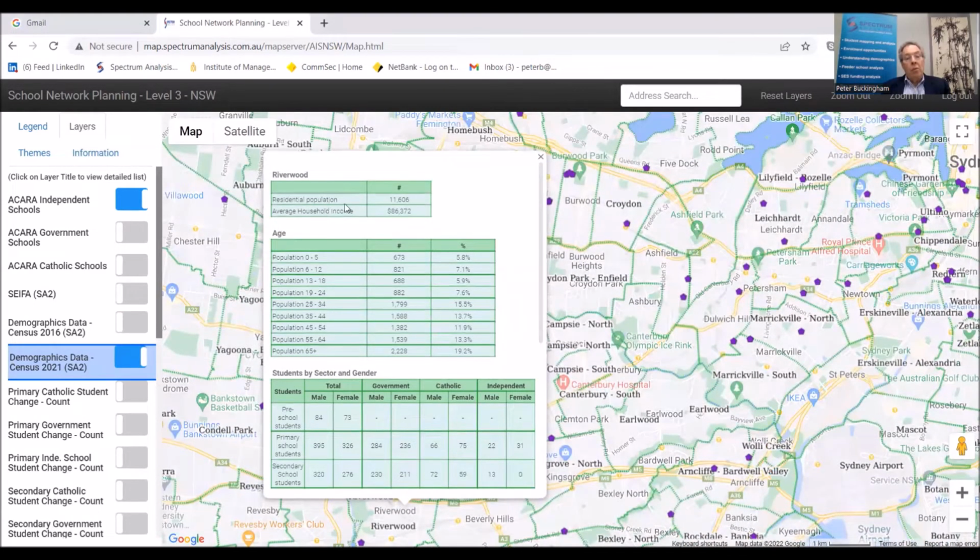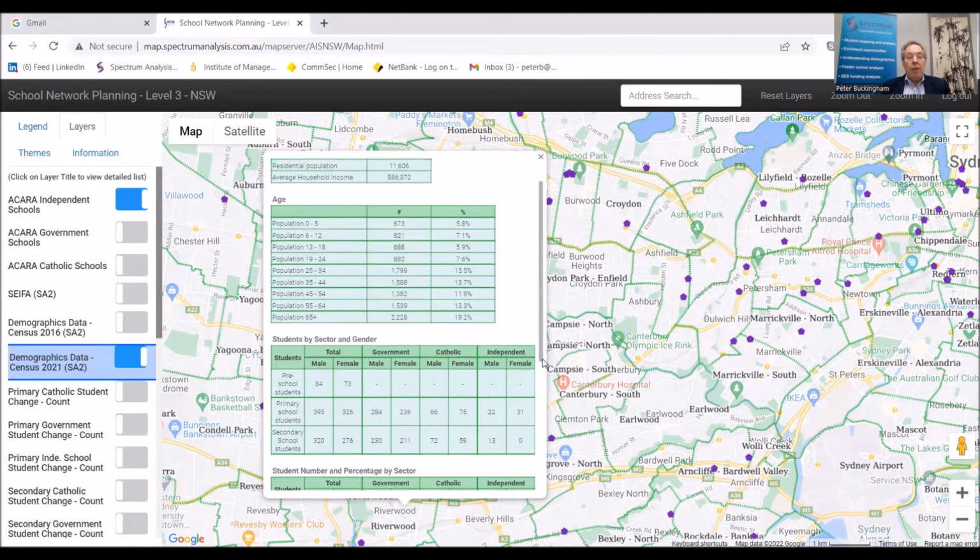So let's start off by what's the population, what's the average household income. We've then set up population to look at 0 to 5, preschool, 6 to 12, primary school, 13 to 18, which I'll call secondary school, 19 to 24, tertiary, best estimate, and then we go through to 20 to 65 plus.